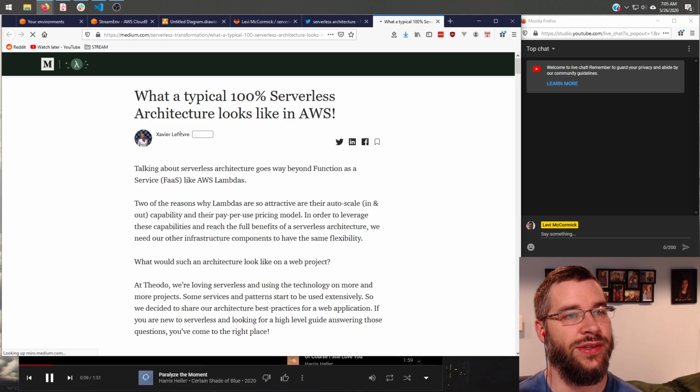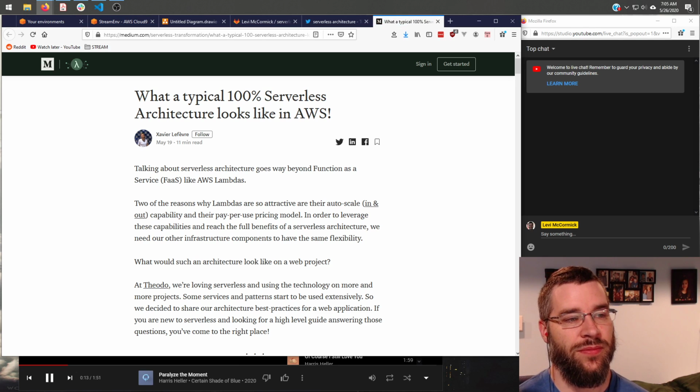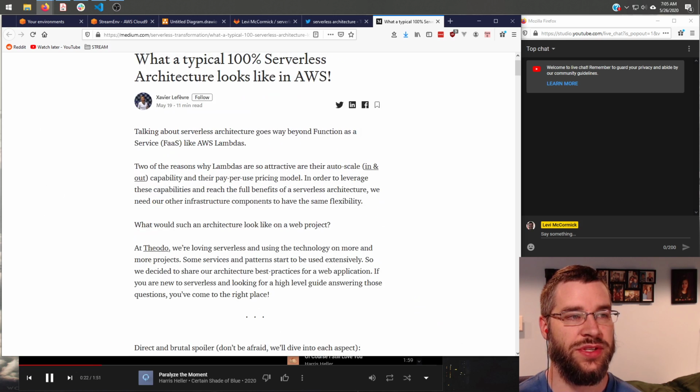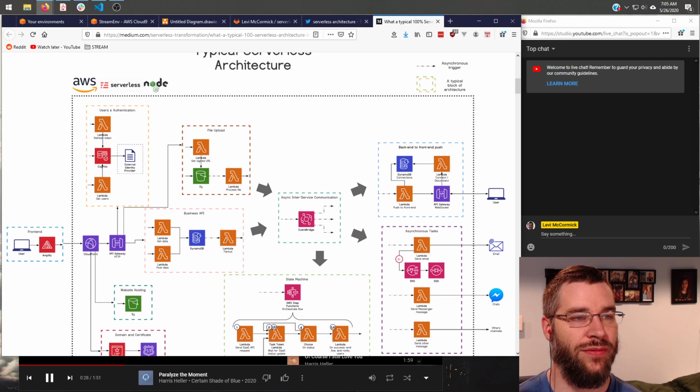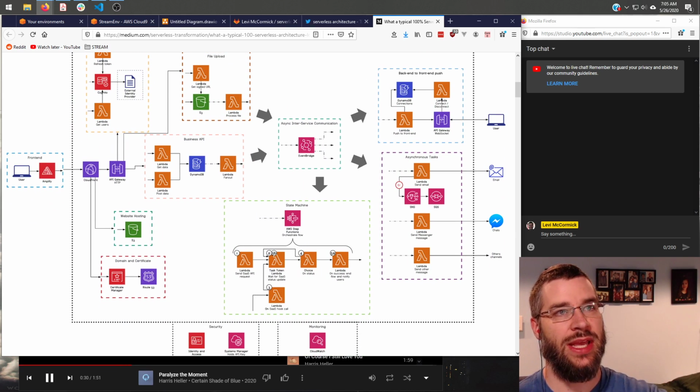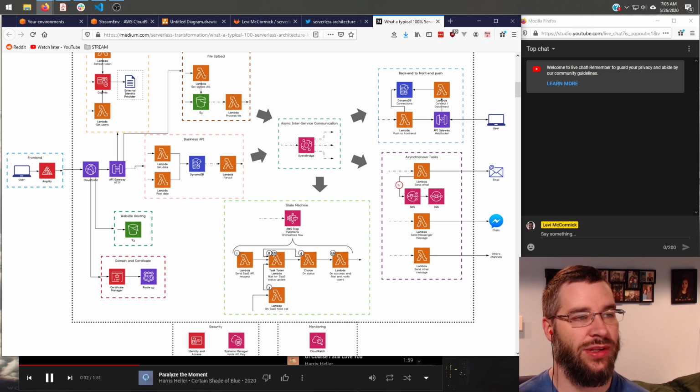Yeah, so this is the article that drew this attention over the weekend, where people were talking about the typical serverless architecture, and then this spaghetti mess of different pieces.